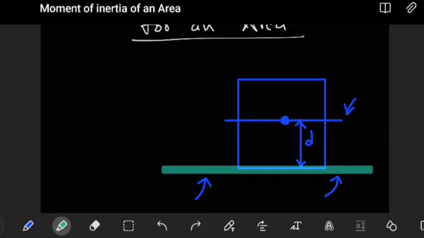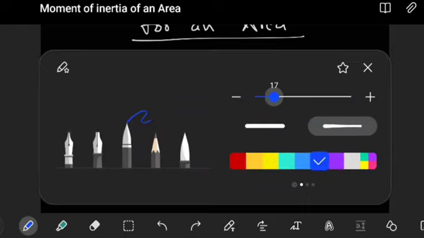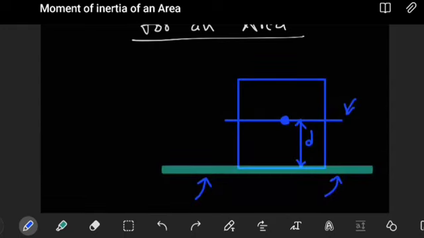So this is all that you have to get here. Now, how does it work? Let's say we have the moment of inertia about this axis. Let's say this is the x prime axis.